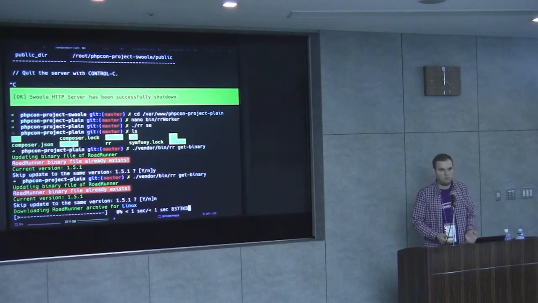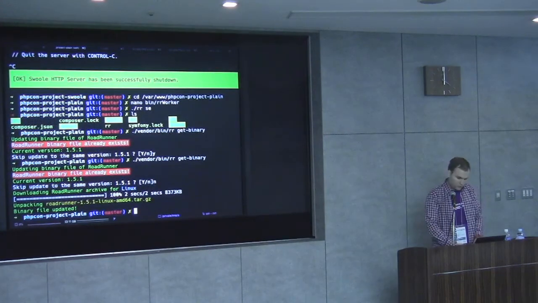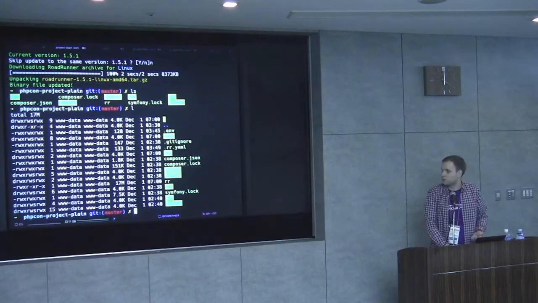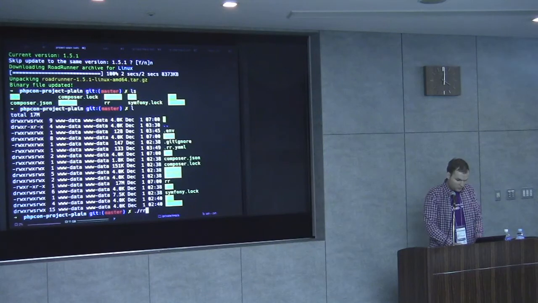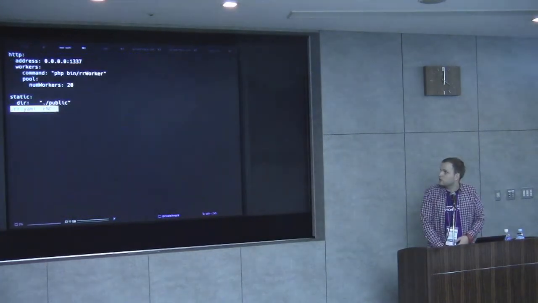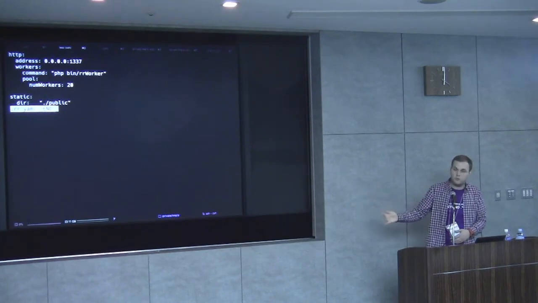It downloads the binary for Linux and places it in the root of your project. It's literally a whole server of 70 megabytes. Run it. It reads our configuration file, which says bind me to the local address, and convert this PHP to whatever number of processes you have, 20 of them.